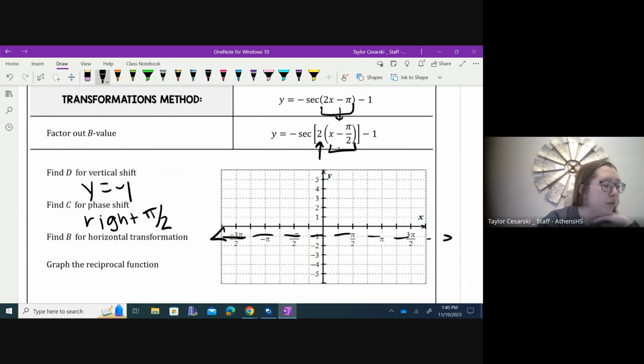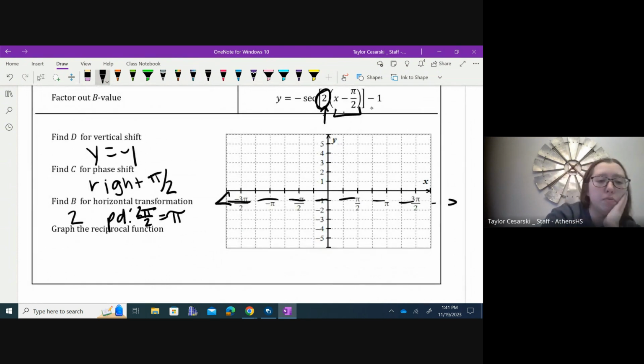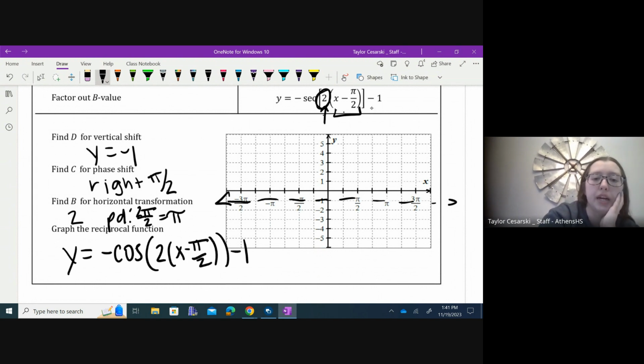The b value here is going to be 2, because that is what's right here. And then if I wanted to find the period, remember secant has a period of 2 pi, just like cosine does. So 2 pi over 2 means the period will be pi. So the reciprocal function of this would be y equals negative cosine of 2x minus pi over 2 minus 1.